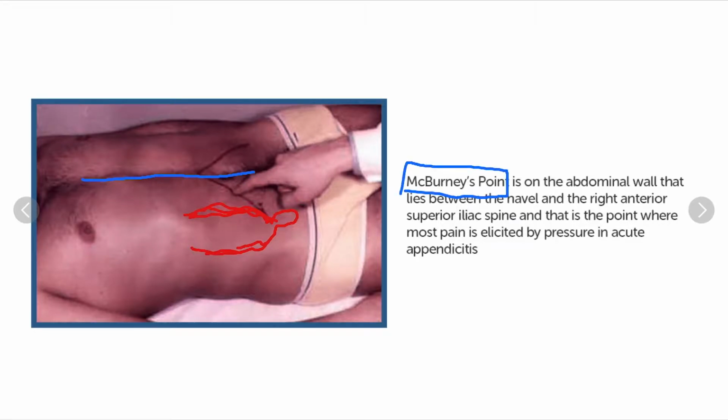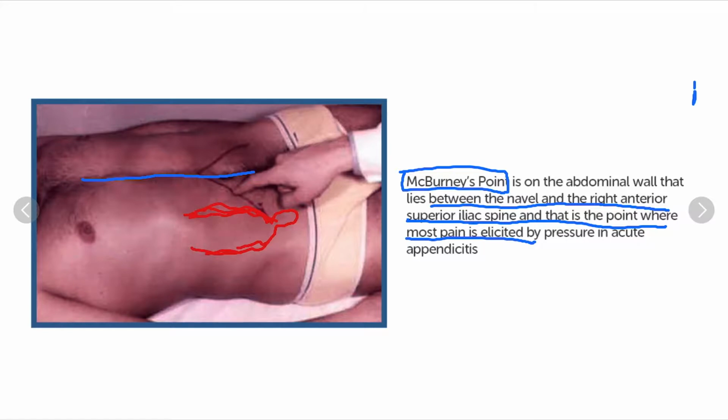Okay, sorry, let me just arrange my annotations. So this is the point between the navel and the right anterior superior iliac spine. That is the point where the most pain is elicited by pressure in acute appendicitis.